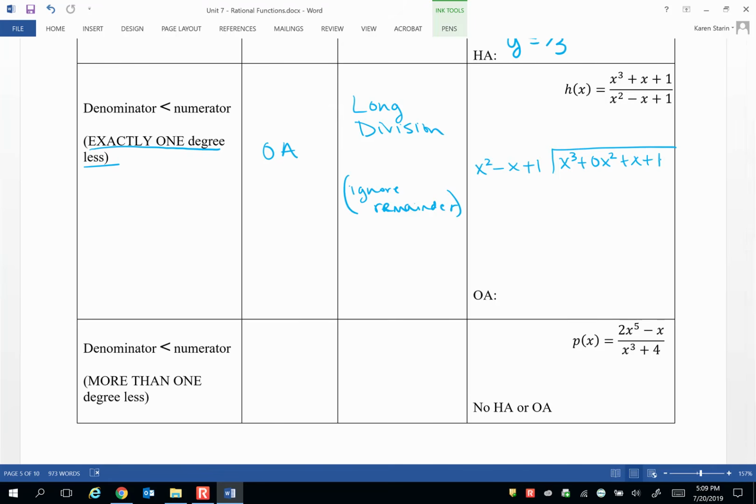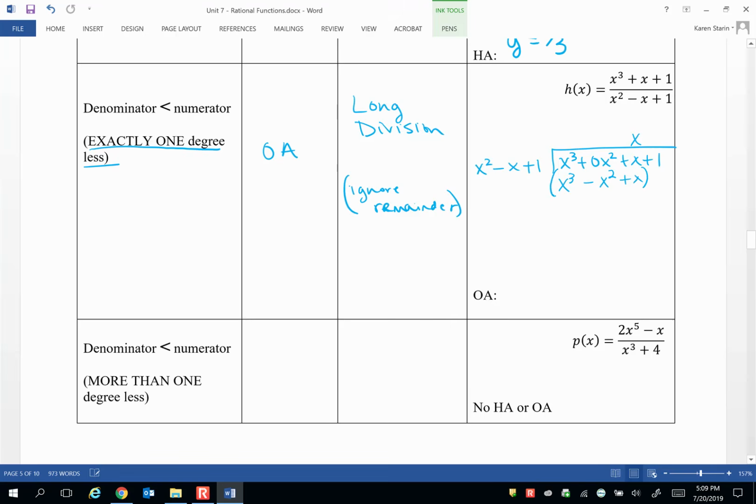I'm going to have 3 terms outside of the division symbol. Here's an x, and I have an x squared here. So x times what gives x squared? Well, I need another x. So I distribute: x times x squared is x cubed, minus x times x is minus x squared, plus 1 times x is plus x.